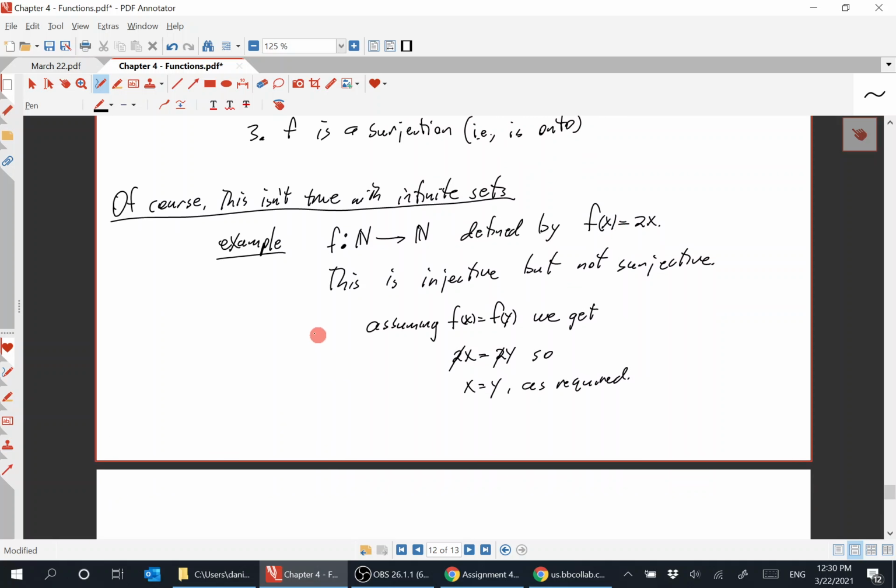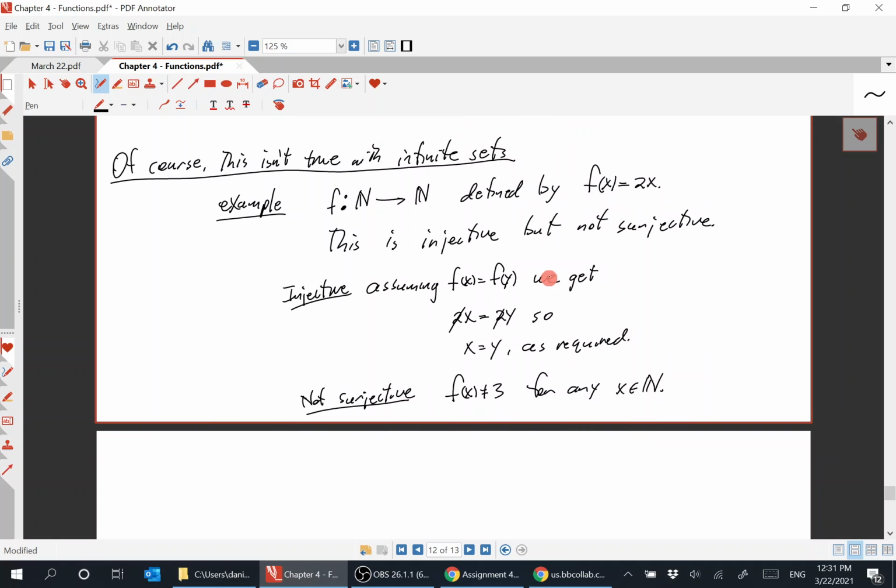But it's not surjective, because f of x is not equal to 3. So 3 is a natural number, but f of x is not equal to 3 for any x in the natural numbers. Natural numbers was the non-negative integers, 0, 1, 2, 3.